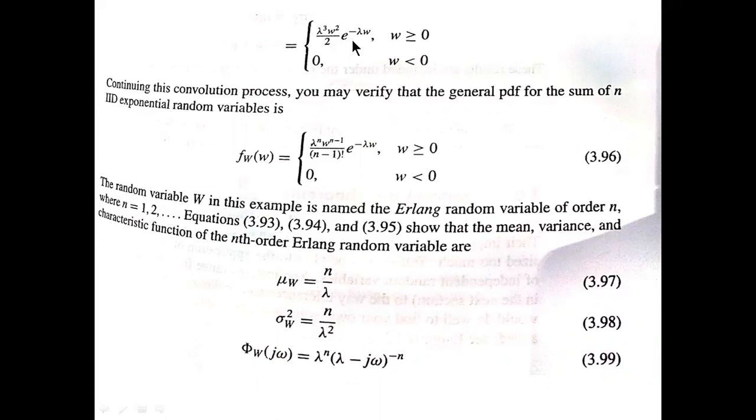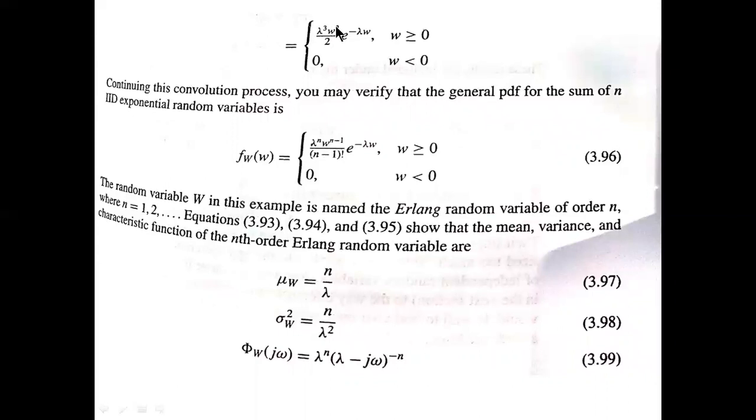So going in the same way, if you consider n different IID exponential random variables, then we'll get this value. In place of lambda cube, where we had three variables, here we have n different observations, or n IID exponential random variables, so it will be lambda to the power n.